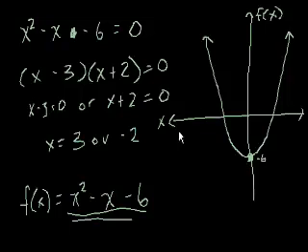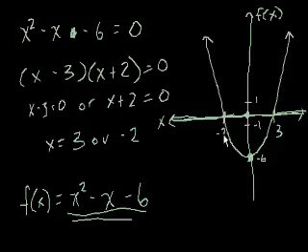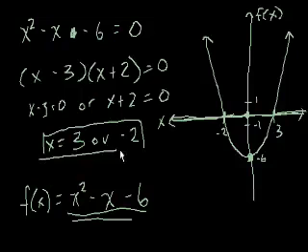And I know that when f of x is equal to 0, that's along the x-axis, right? Because this is 1, this is 0, this is negative 1. So this is where f of x is equal to 0 along this x-axis. And we know it equals 0 at the points x is equal to 3 and x is equal to minus 2. That's actually what we solved here. Maybe when we were doing the factoring problems, you didn't realize graphically what we were doing.